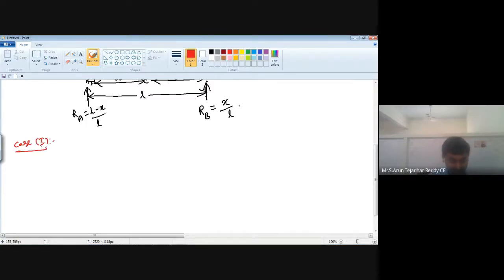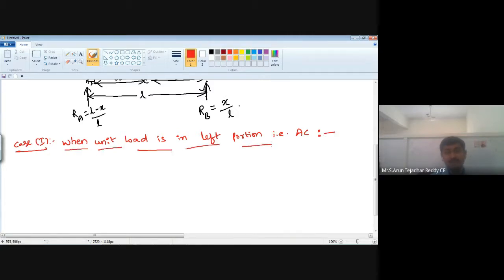Case number one is when the unit load is in the left portion, that is AC.